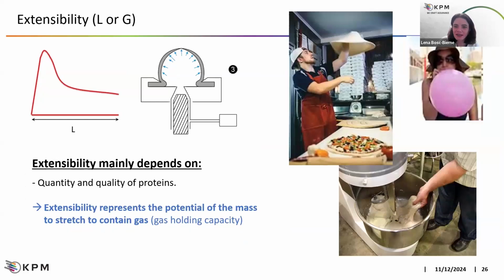And then you have the extensibility, which corresponds to the length of the curve through the moment just before the rupture. The extensibility will mainly depend on the quantity and quality of proteins, and that represents really the ability, the potential of the dough to stretch to contain gas.